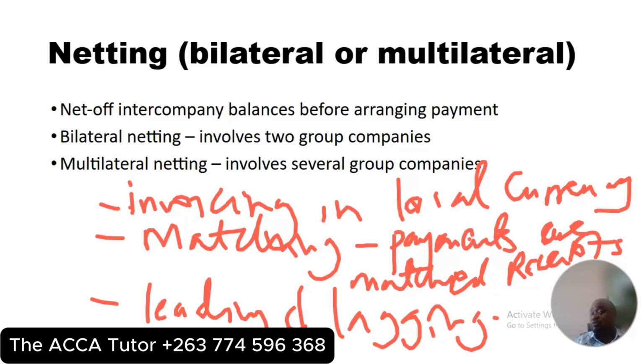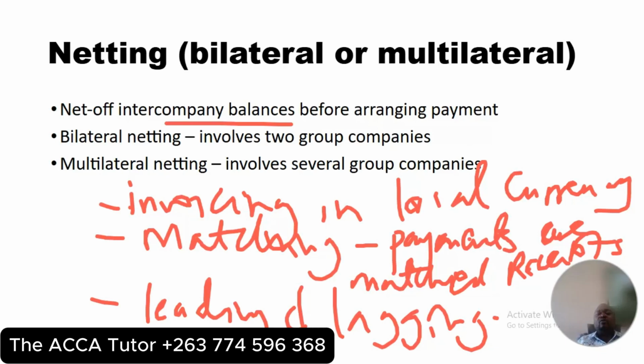Now, let's move on to this other internal hedging technique that is called netting. There are two forms of netting: bilateral and multilateral netting. Netting has to do with netting off intercompany balances.